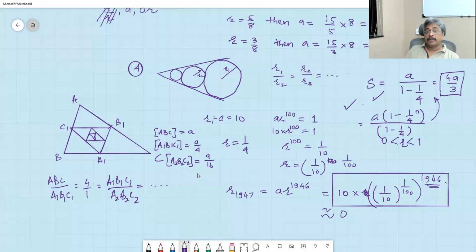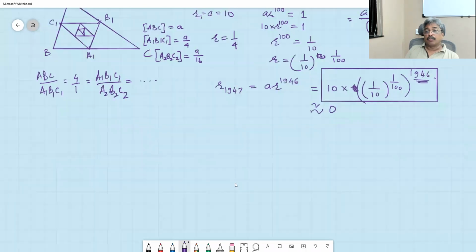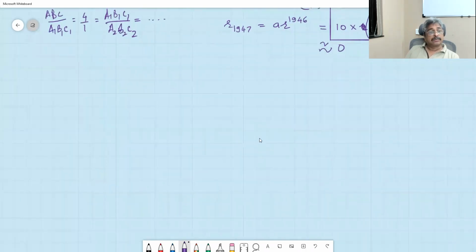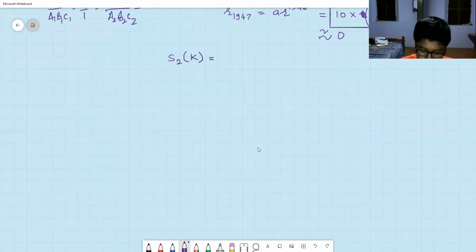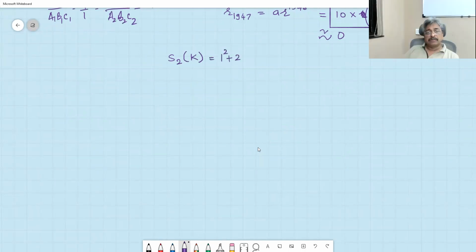Sometimes I have to discuss homework in the classrooms. Another homework which was given to you was S2 of k, which is 1 square plus 2 square plus dot dot dot plus k square.